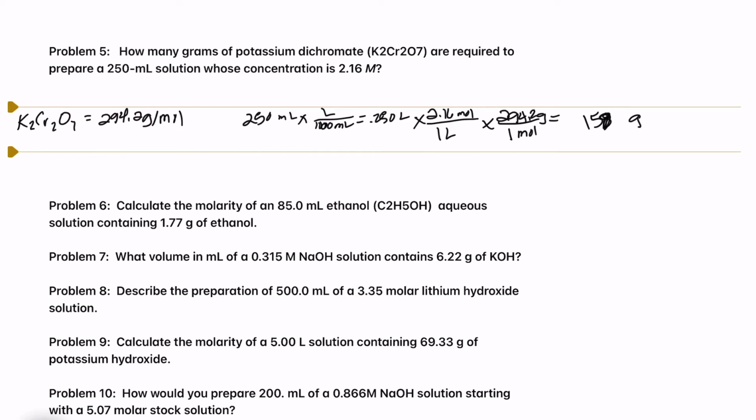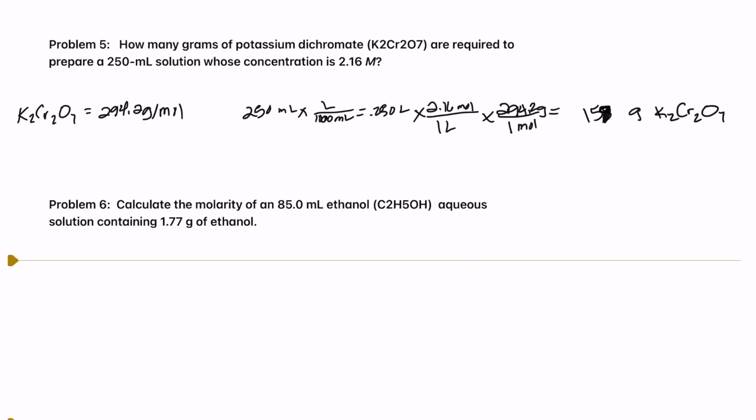And I really only have 3 significant figures here. At best, I may only have 2, looking at that 250 milliliters. But if we assume that I had 3, we're looking at about 159 grams. Since there's no decimal after that 250 milliliters, I probably only had 2 significant figures to work with there.